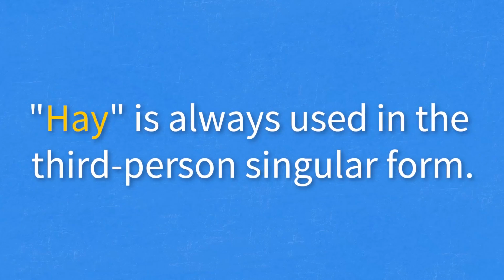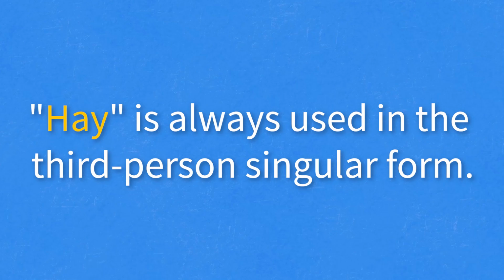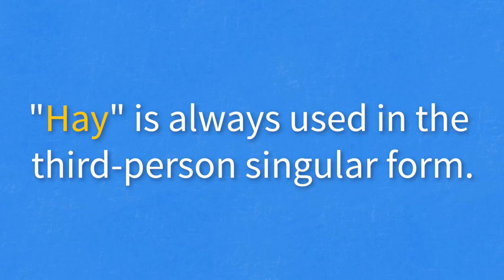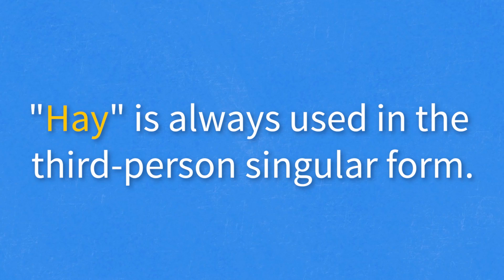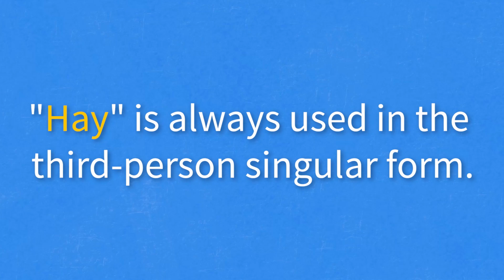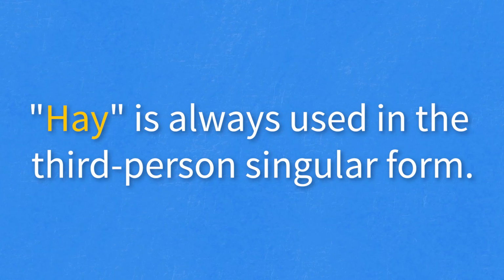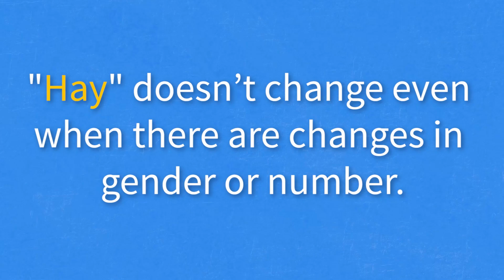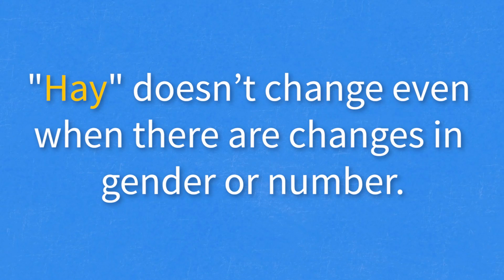But hay is always used in the third person singular form, so to talk about someone or something to another person, regardless of whether that thing is singular or plural. It is important to note that hay does not change based on gender or number.